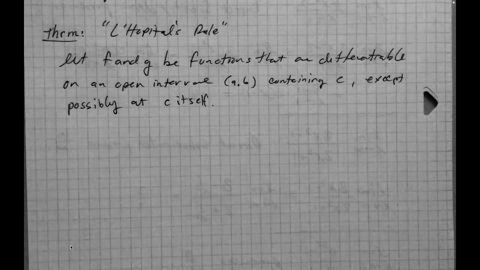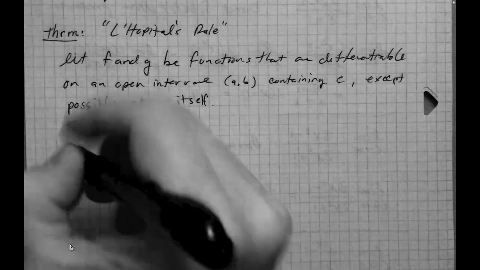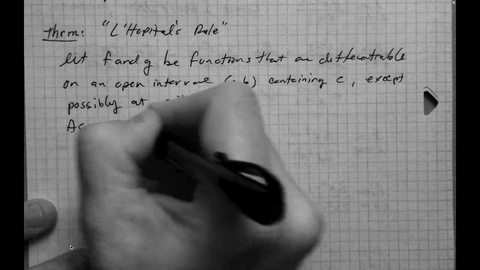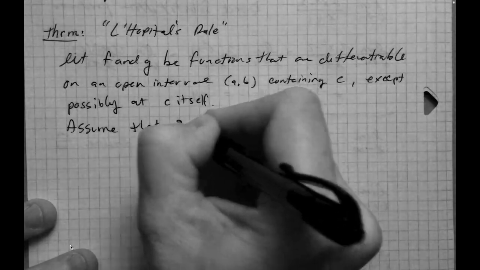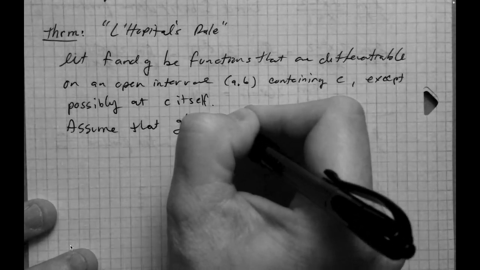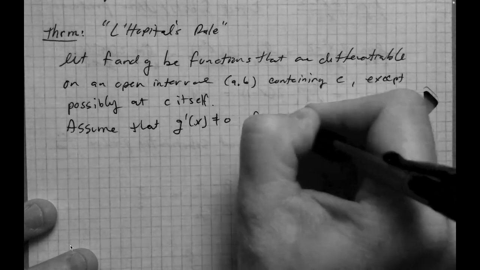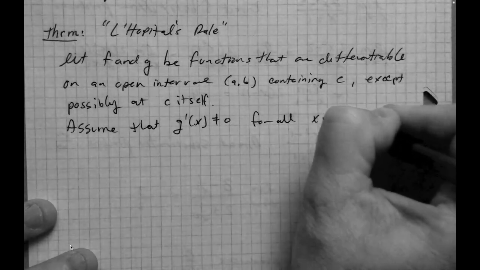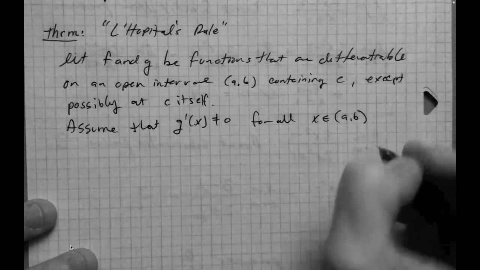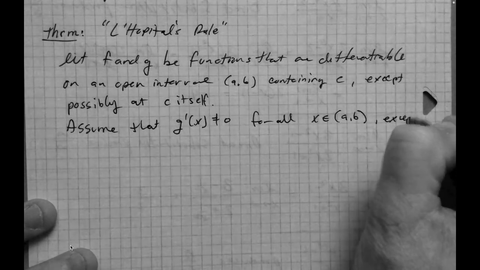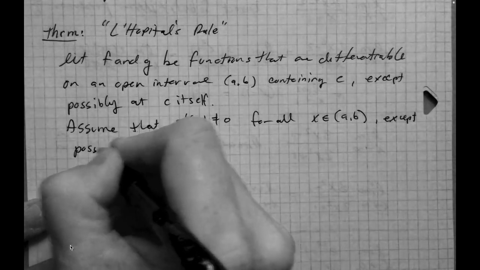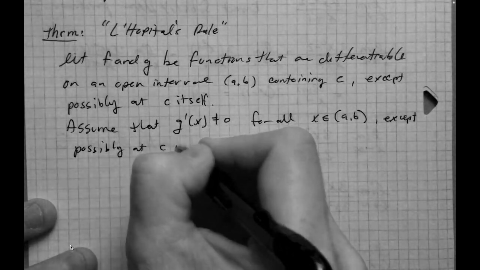Okay. All right, so assume that g prime of x is non-zero, right, for all x in (a, b), and here we'll say also except possibly at c itself.